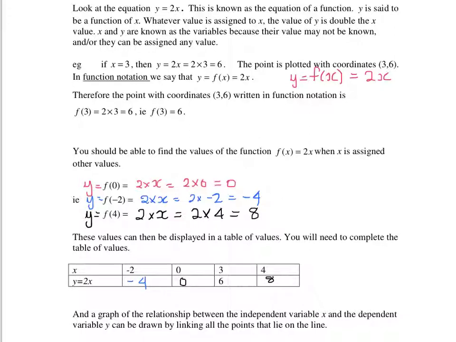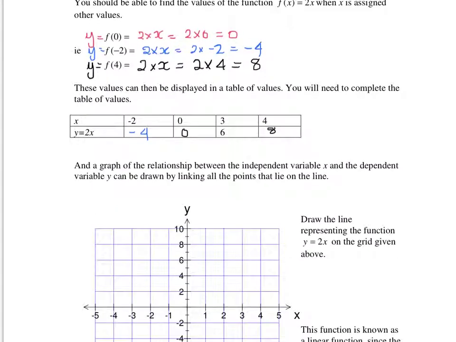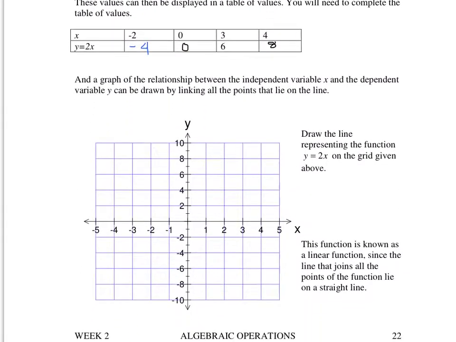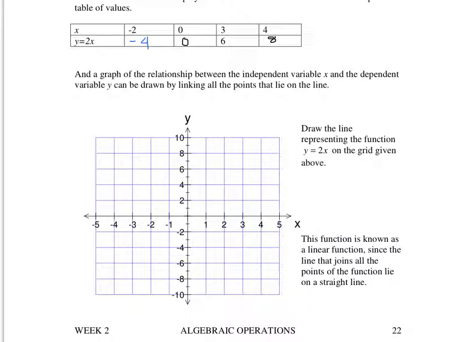Okay, so now if we plot those points as ordered pairs on a Cartesian coordinate system, let's plot them. We've got the first point, (0, 0). I'll just put it in the middle there. Usually you write the coordinates next to that point. We have the point (-2, -4).